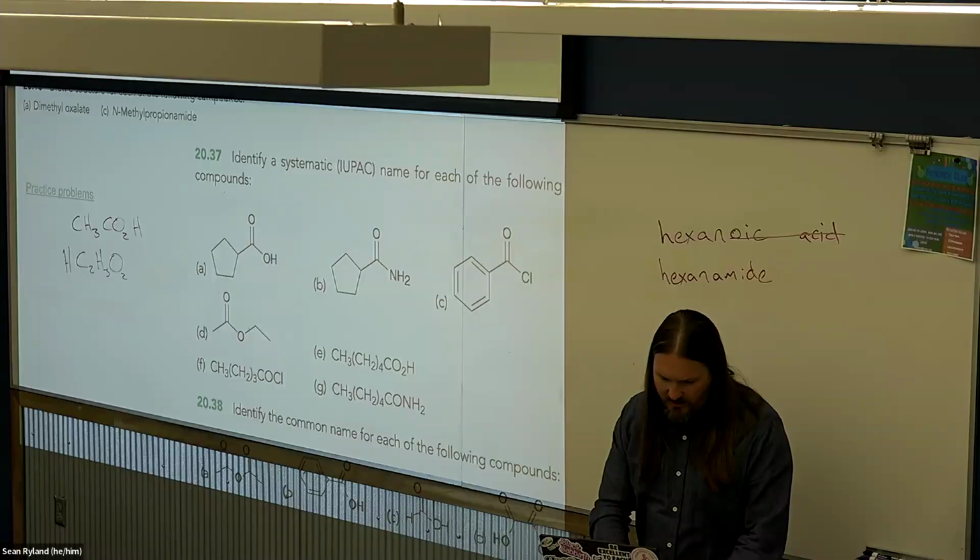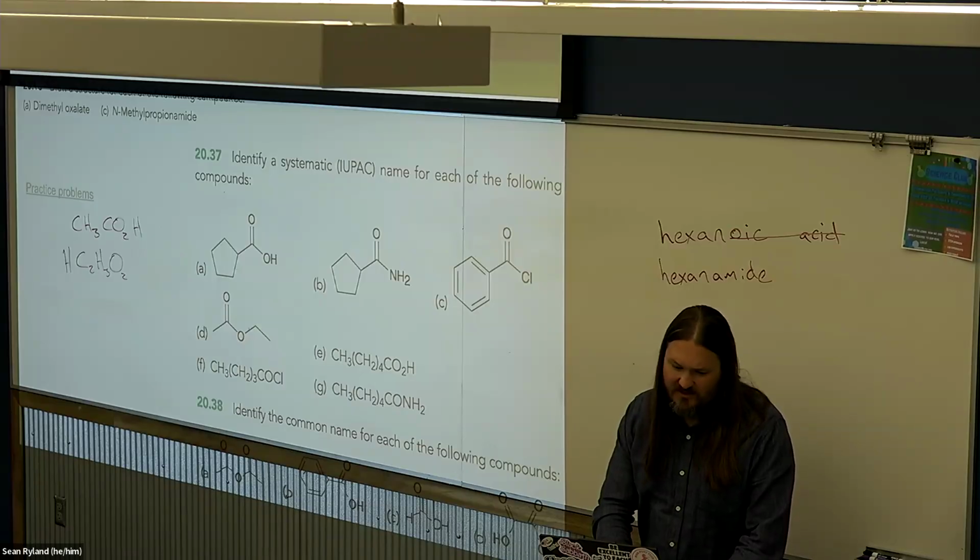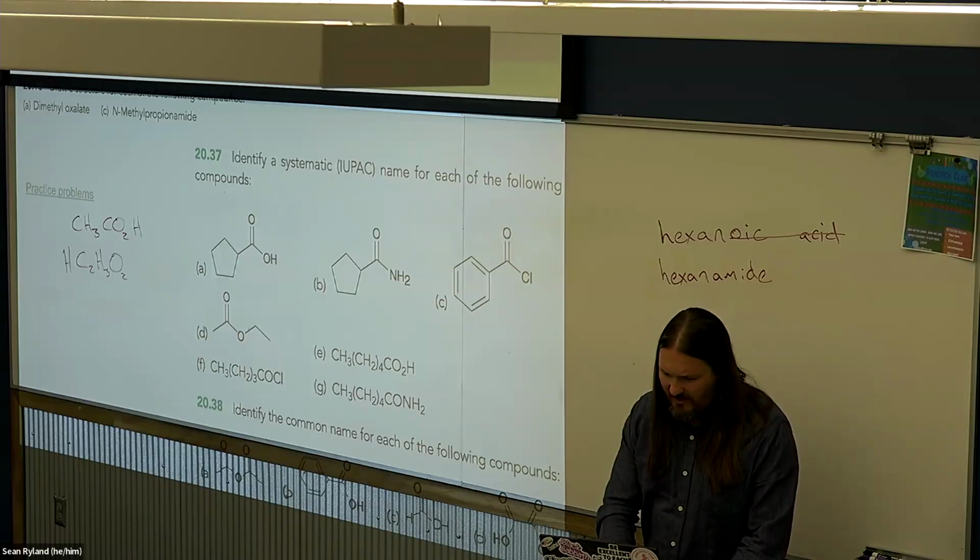I'm curious now what MolView does. It gives me the common name. Oh, so it does leave the O in for the systematic name, for the IUPAC name.